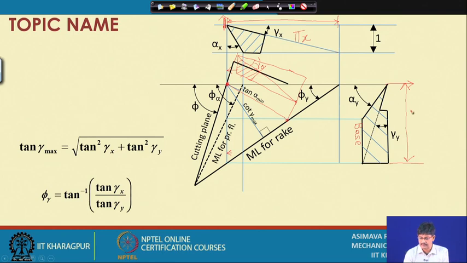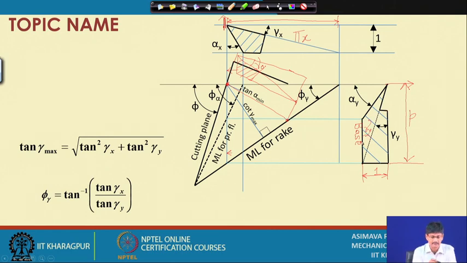Let us do a calculation quickly. Let me call this P, and let me set this distance equal to 1. That is good, and this I find is gamma y, alternate angles.